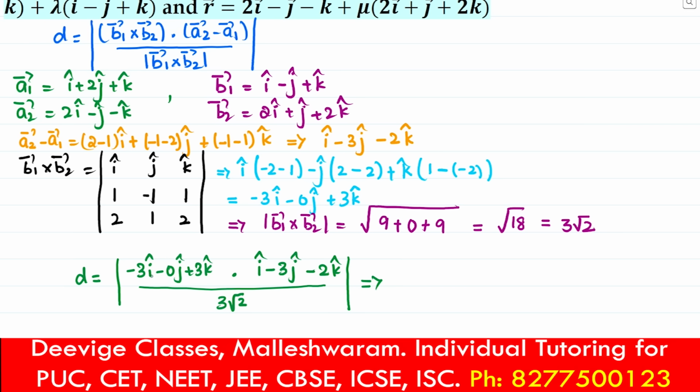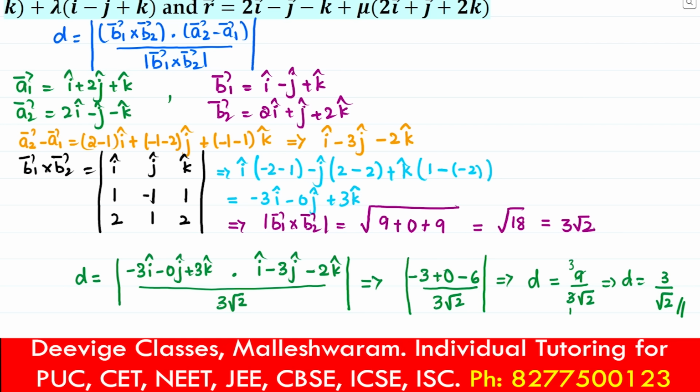That will be −3 into 1 is −3, 0 into −3 is 0, 3 into −2 is −6, so −3 − 6 will be −9 divided by 3 root 2. Distance is always positive, therefore our answer is 9 by 3 root 2, which simplifies to D equal to 3 by root 2, the shortest distance between the two lines.